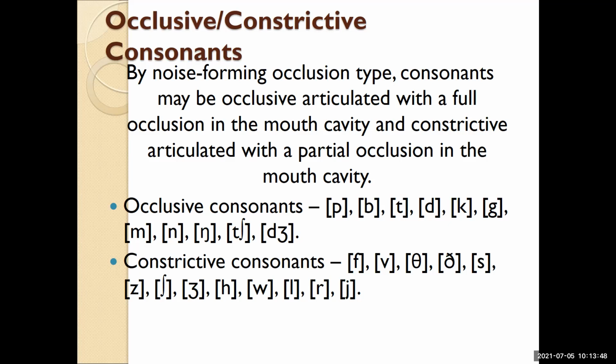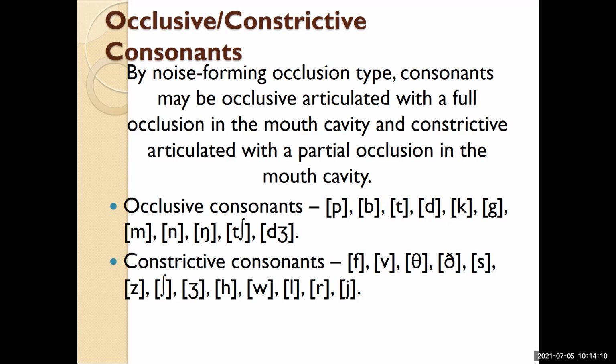Occlusive consonants are p, b, t, d, k, g, m, n, ng. There are nine occlusives, and they are divided into plosives and nasals, because plosive consonants are articulated in the mouth cavity. They are p, b, t, d, k, g, and nasal occlusive consonants are articulated in the nasal cavity.